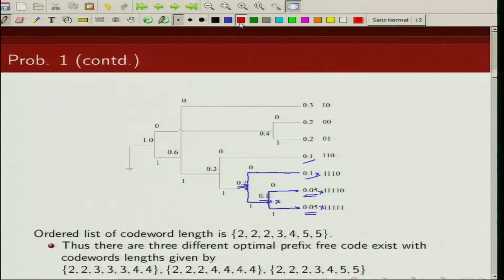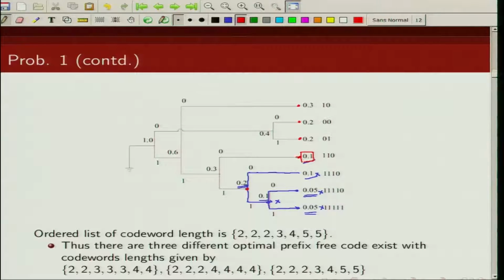So what are my active nodes at this point? I have this one with probability 0.2, this one with probability 0.1, this one with probability 0.2, this one with probability 0.2, this one with probability 0.3. So I need to combine this particular node with any node or leaf which has probability 0.2.